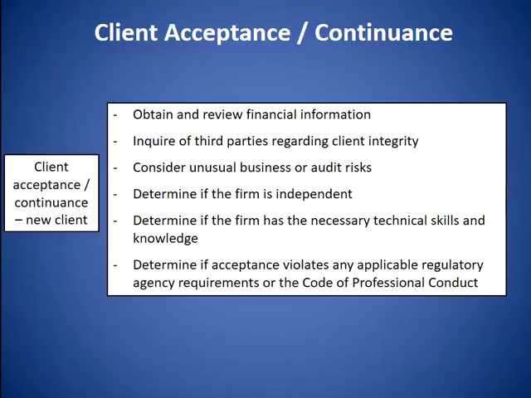You could accept a client who is in the medical marijuana business, and if the federal government decides to close it down, they could close it down literally the next day, or whatever value the business has could disappear overnight.